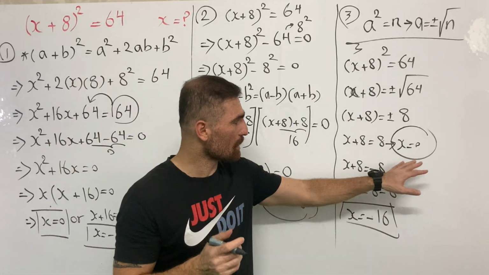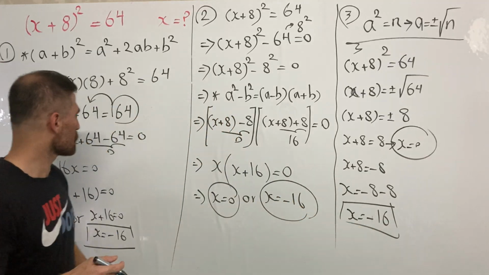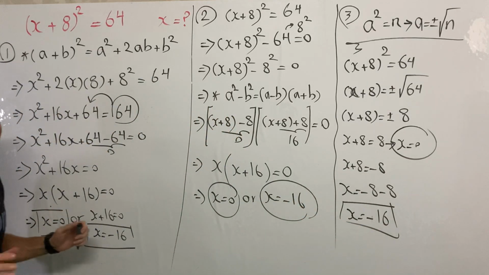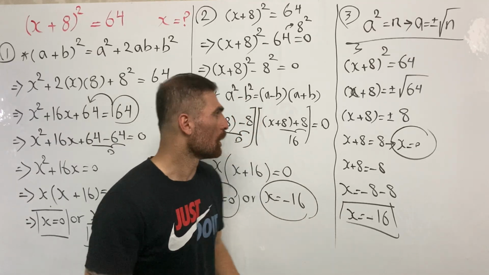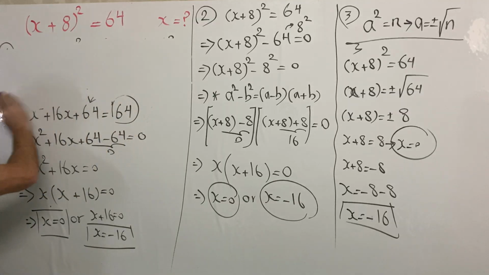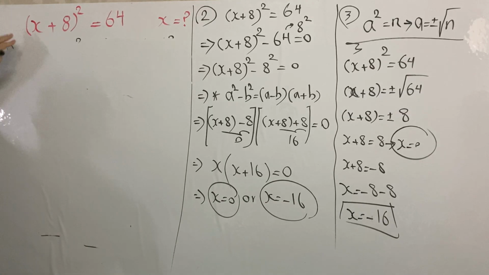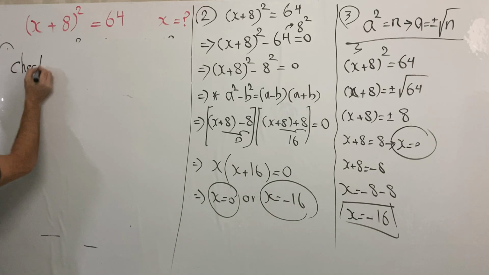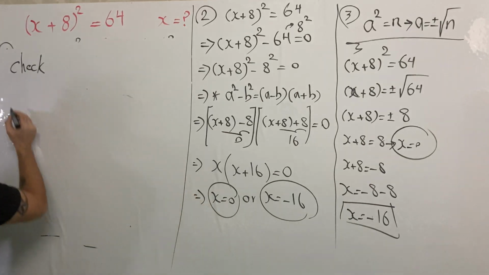Let's check our answer. Look, from this one, 0, negative 16, 0, negative 16, 0, negative 16. Now we are going to check whether our answers are valid or not. To check our answers, it is enough to plug our answers into our original equation. We are going to check the answer x equals 0.